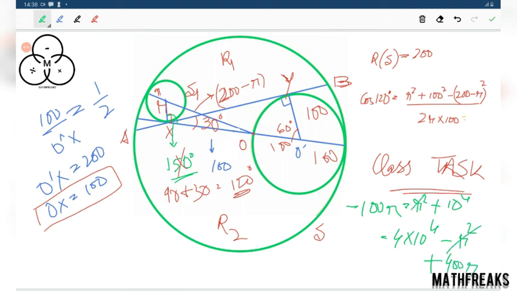Square cancel. This will be 30,000. This will give us 500 r equals to 30,000. 100 cancel, 5 cancel, this will give us r equals to 60.